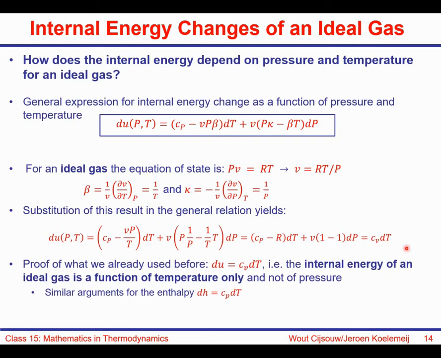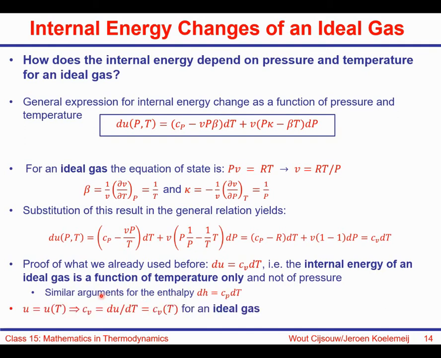And this is basically a proof of what we already used before, that for an ideal gas, the internal energy is only a function of temperature and not of pressure. And similar arguments apply to enthalpy changes of an ideal gas. You can show a similar relationship.